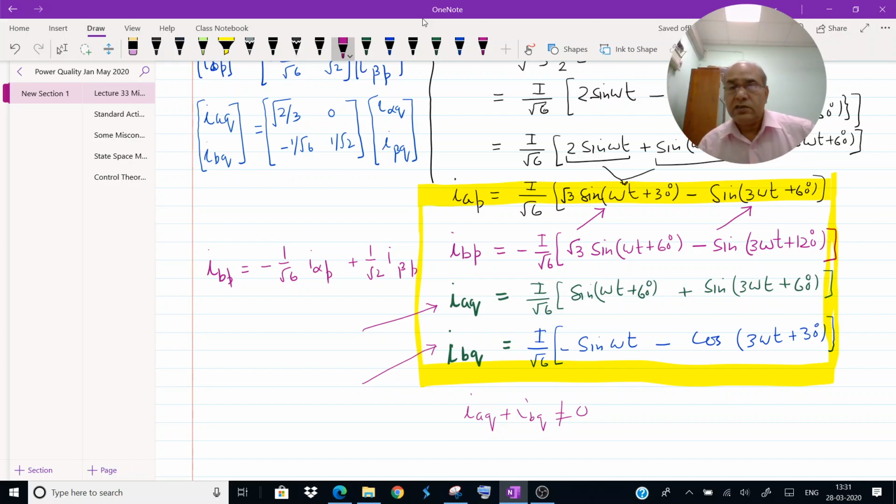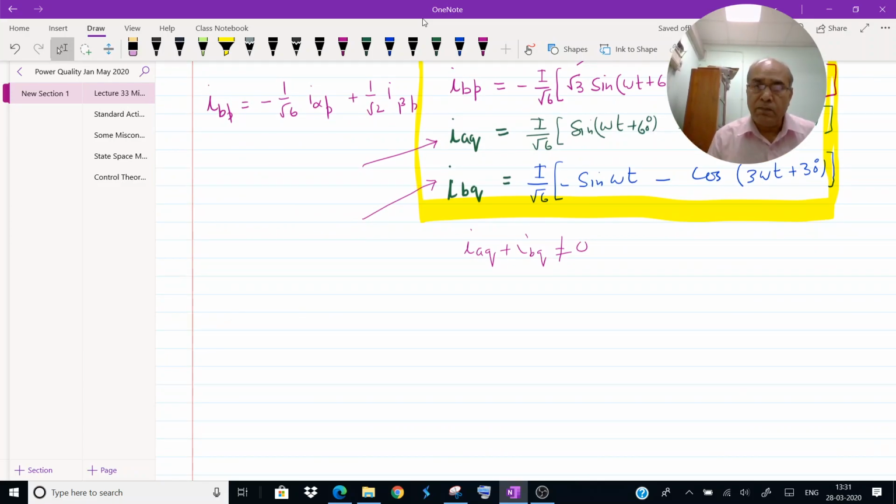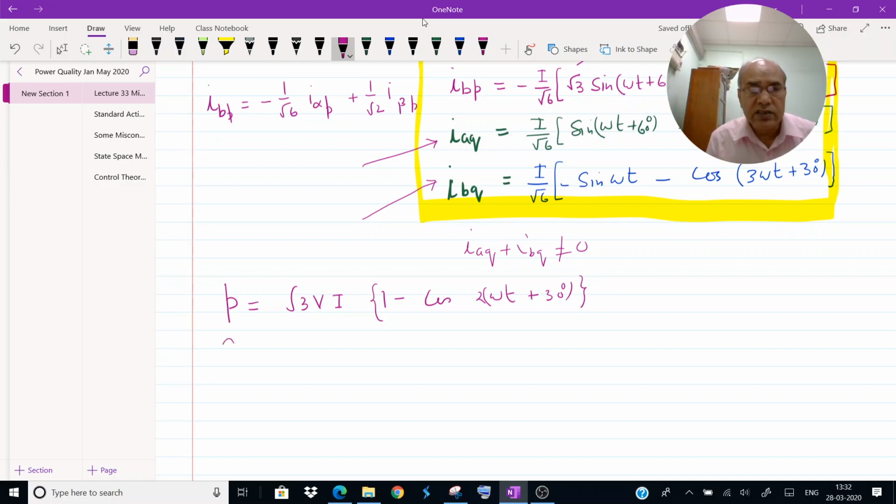A very interesting part is that Akagi theory, or PQ theory, or the theory of instantaneous reactive power compensation, says that P is equal to, if you remember, root 3 into B into I into 1 minus cos 2 omega t plus 30 degree. This is for P, and Q is root 3 B into I sine 2 omega t plus 30 degree.